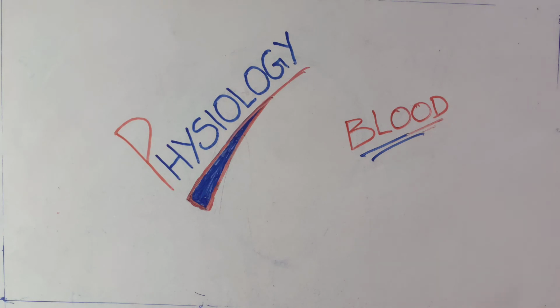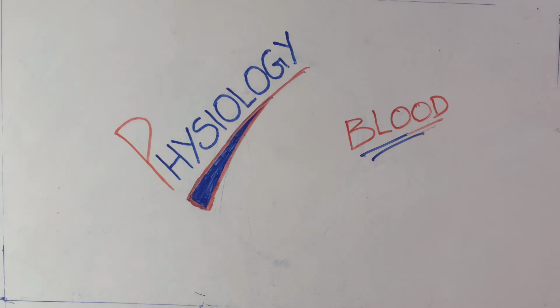From tomorrow we will start the class. For today, this is about the important concepts of blood in physiology, and in the class I will try to prepare the notes in the form of flowcharts, because flowcharts are very important in physiology from the point of view of examination.